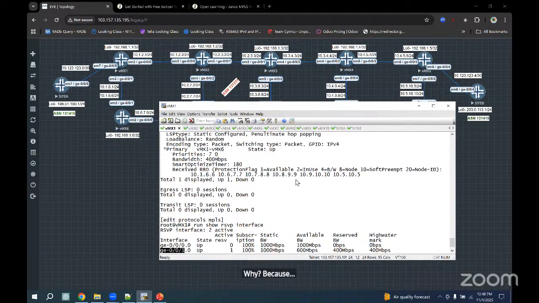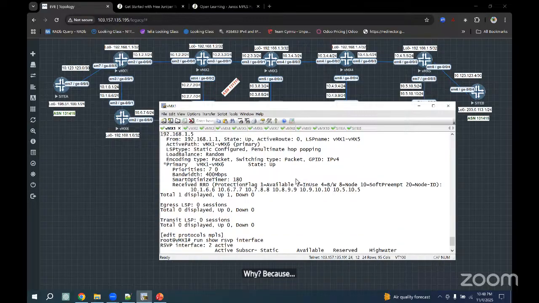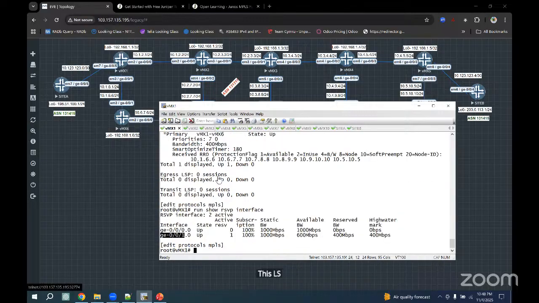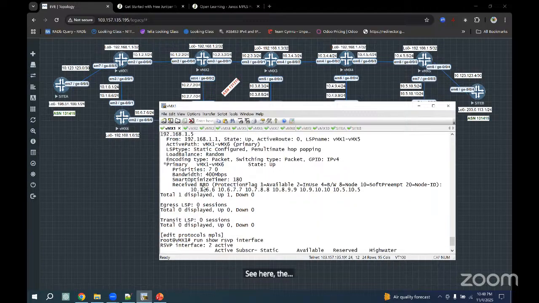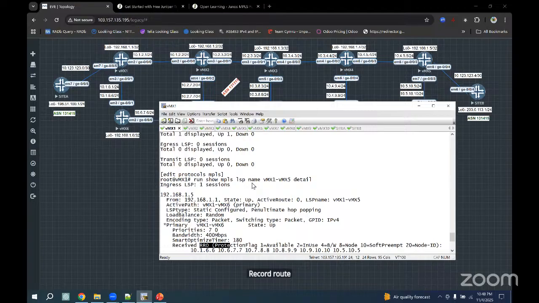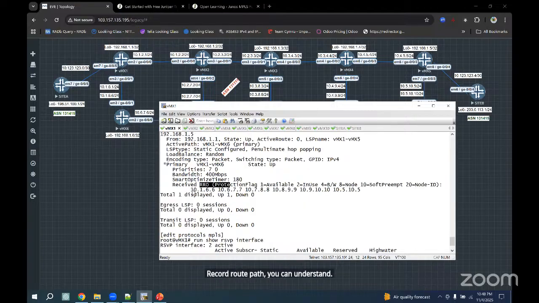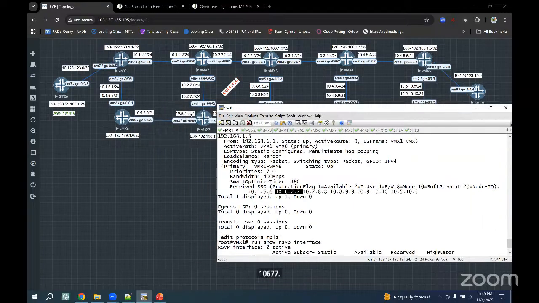Because this LSP goes from VMX1 to VMX6. See here the record route path, you can understand. First hop is 10.1.66, that is VMX1 to VMX6. Second hop is 10.6.77. That means your LSP path is this path.